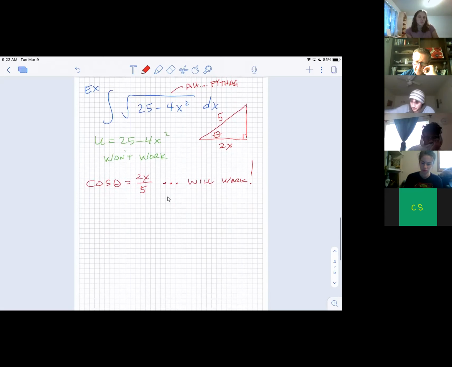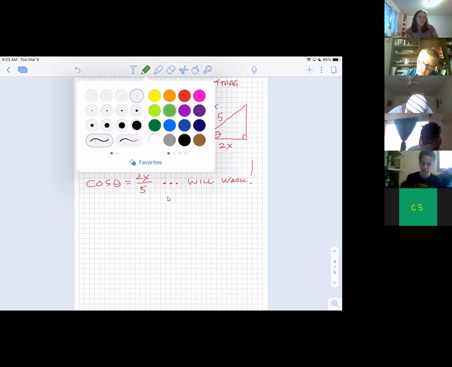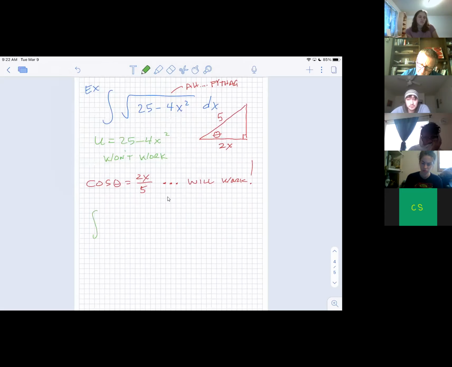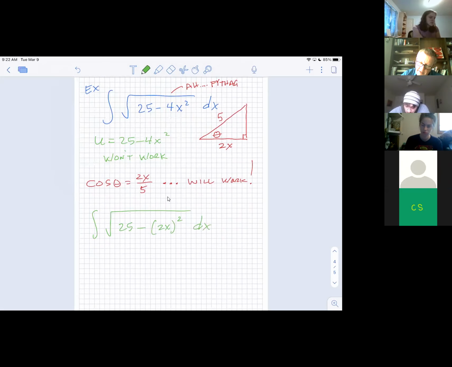Let's go a little further. We might have time to finish this. Would you agree that the original problem could be thought of as being this, 25 minus, and I could even write that as 2x squared, and I could write it as 5 squared as well. But the reason I did that is because this isn't too hard to solve for 2x, and 2x equals 5 cosine of theta.